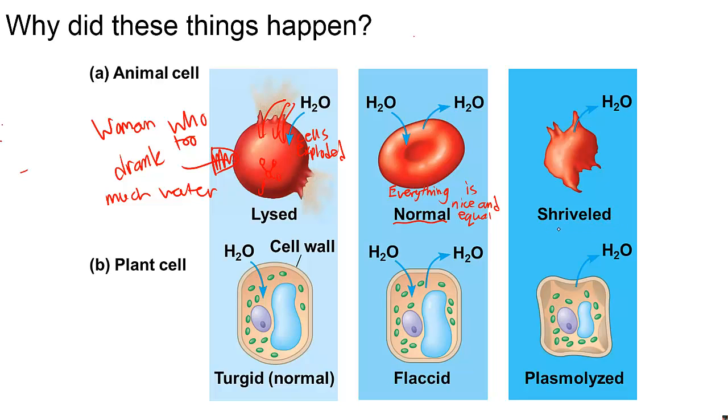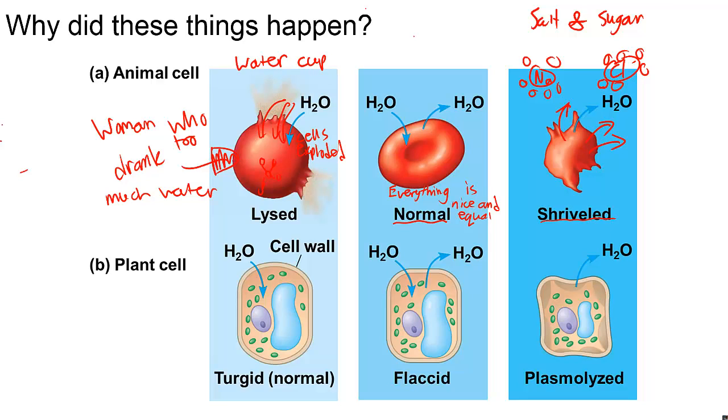They shriveled because water went out, because you had something like salt sticking to the waters, and that pulls water out of the cell to make things equal on both sides. So the cell starts to shrink because all this water is leaving. So this is the salt cup. This is the salt and sugar cup. This one is the water cup, right? Water went into the potato.